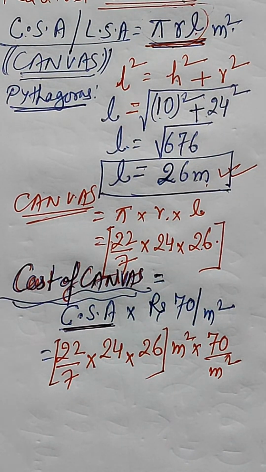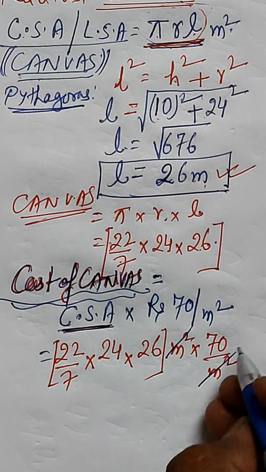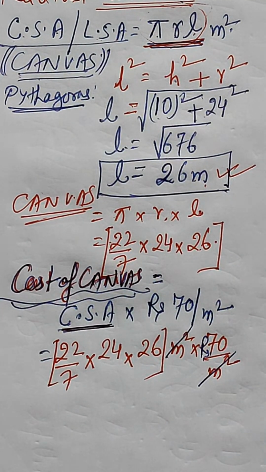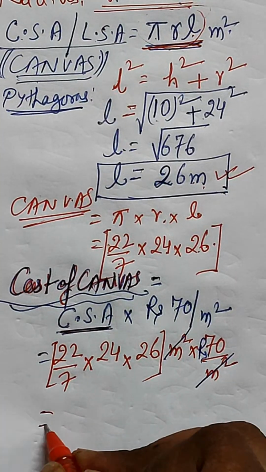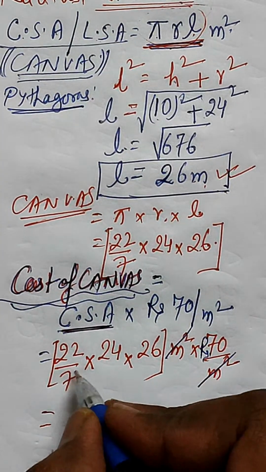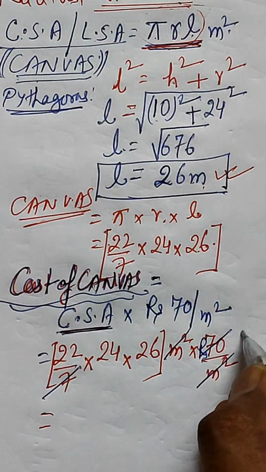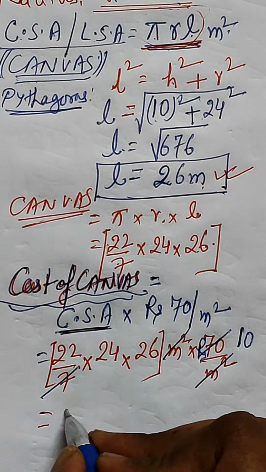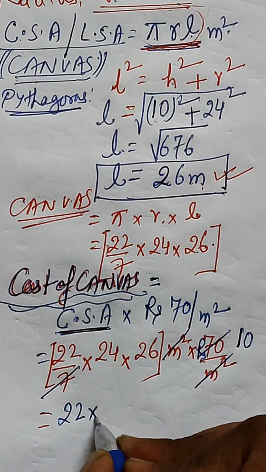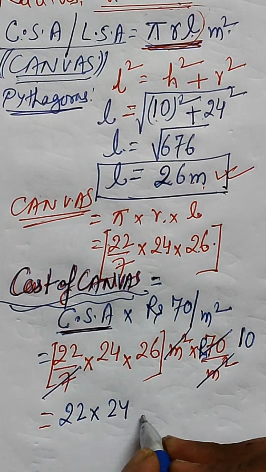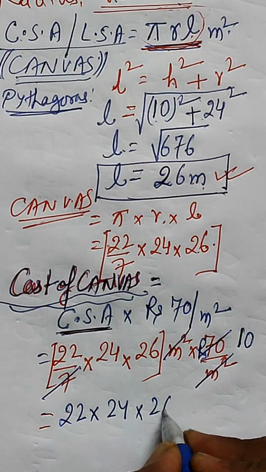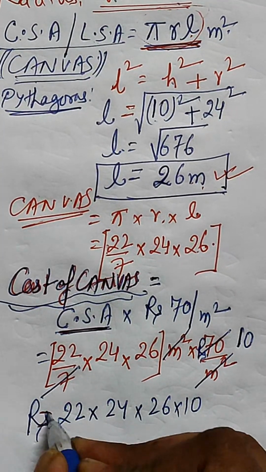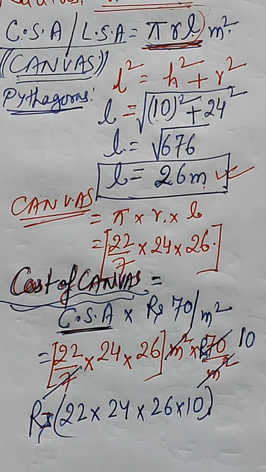So meter square and meter square will cancel and rupees will be left, right? From 7 you can cut 70 10 times, right? Now this will give you 22 into 24 into 26 into 10. So this much of rupees is the canvassing cost, right?